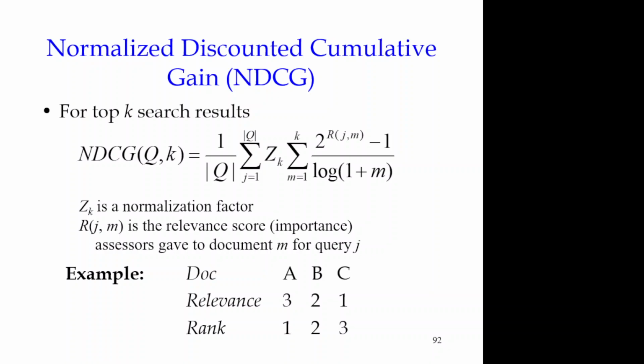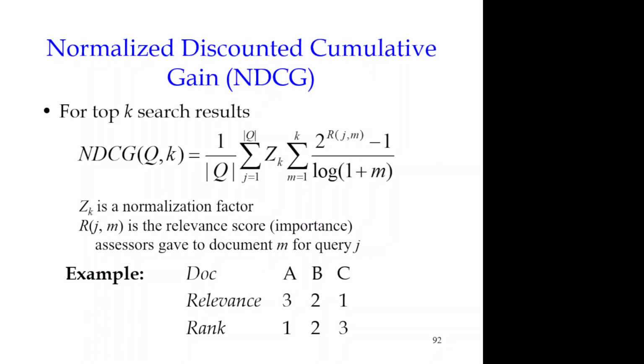But in NDCG we will give a relevance label to each document. For example, I use the same 3 documents, and document A's relevance is 3.